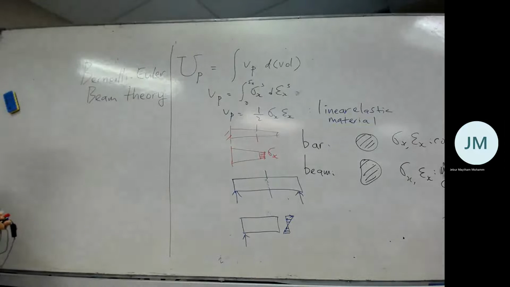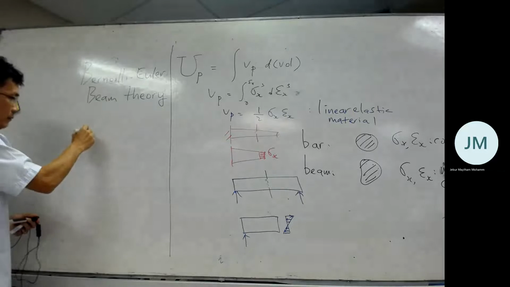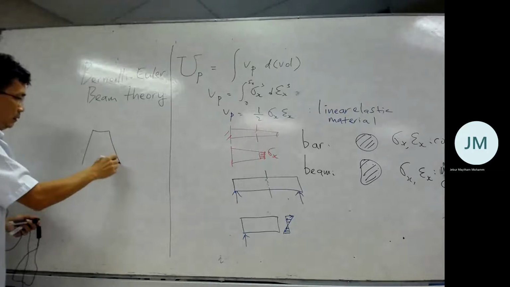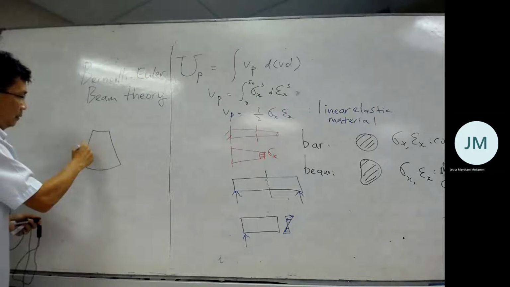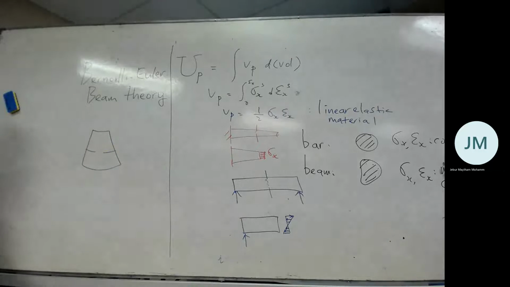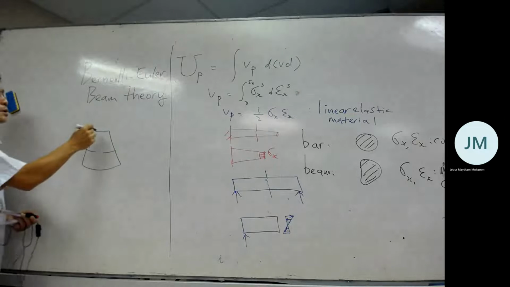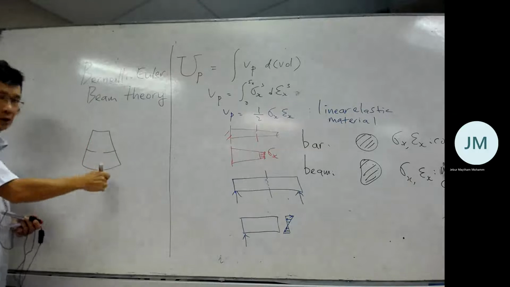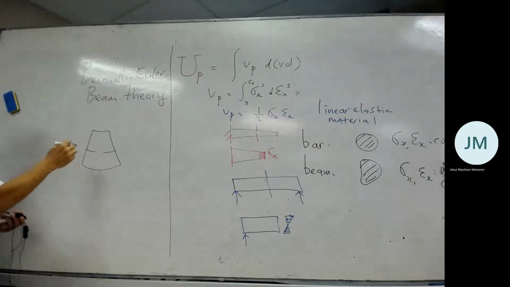So these are the assumptions that we make use of based on this beam theory. So when the beam deforms, the cross section is going to change in this way. So the top part is in compression, the bottom part is in tension, okay?